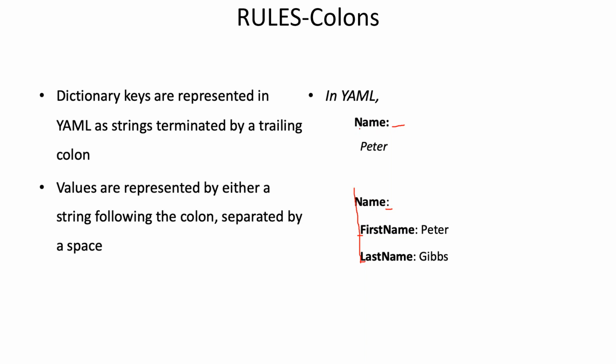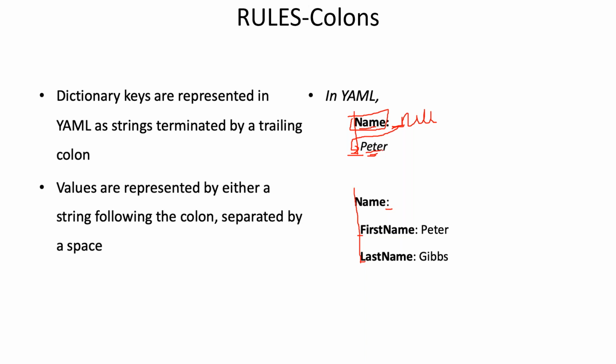If you look at the name in this example, after the colon, it would have picked a null value, but there is a space here. So after the colon there is a space, and then there is a value. Now name will be the key, and Peter is the value for it. Because of the space, inline indentation, it picks up the value as Peter.